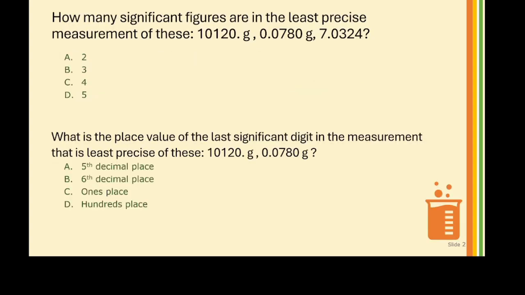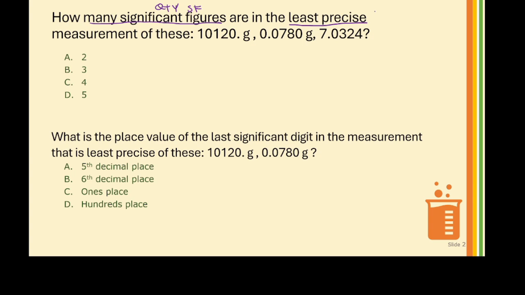Looking at this problem, this is a little bit tricky because when we say least precise, how many significant figures? So I want to know the quantity of sig figs in the least precise. Well, how we measure least precise depends on the operation.